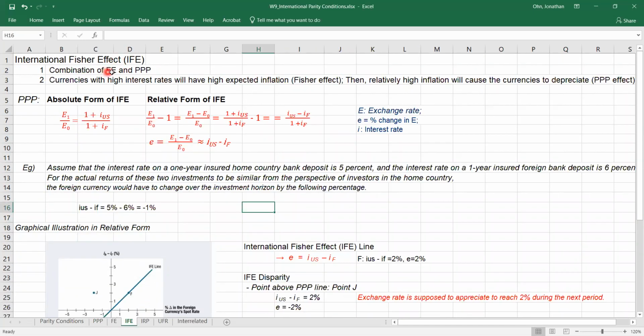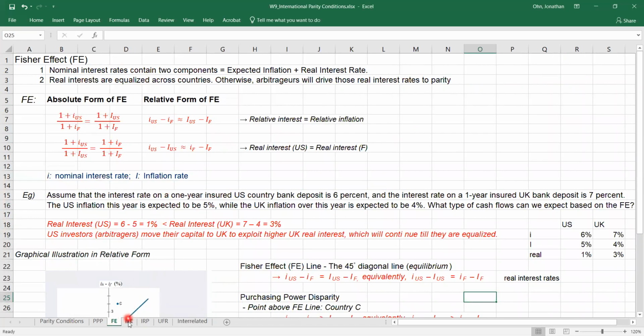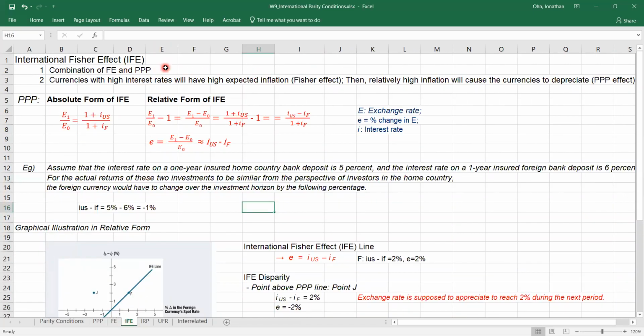That's a combination of the Fisher effect and purchasing power parity. So I would include this in the textbook, but somehow they did not. So the international Fisher effect is a combination of the Fisher effect and purchasing power parity.